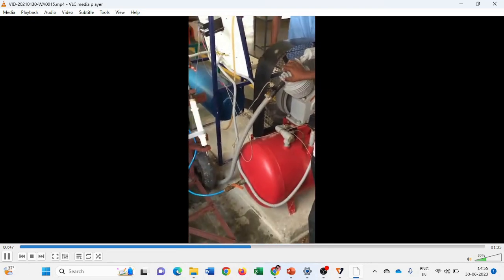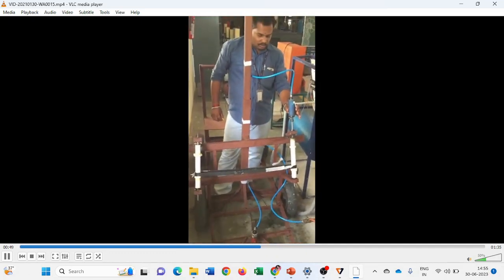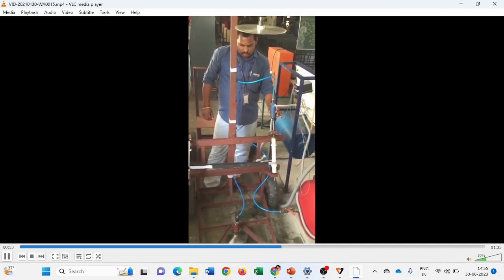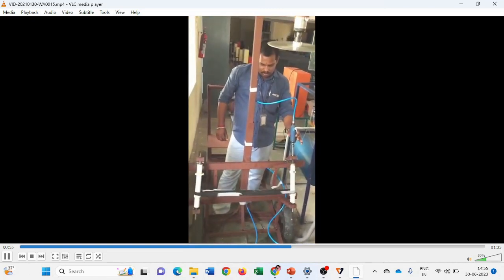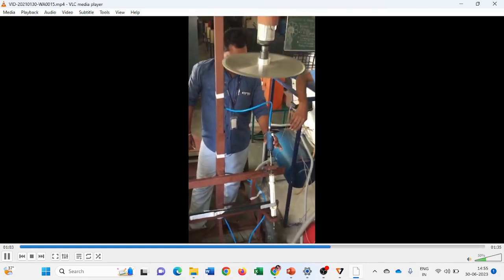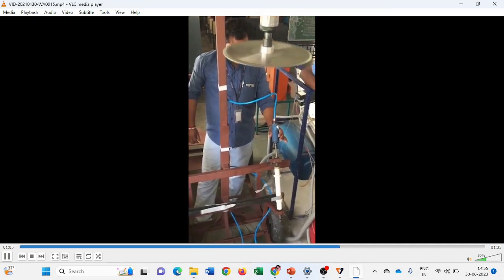This product was developed within our mechanical engineering department laboratory, not in any external workshop and not with any external members. My faculty members, my technicians, and my students completed the project within our laboratory itself.